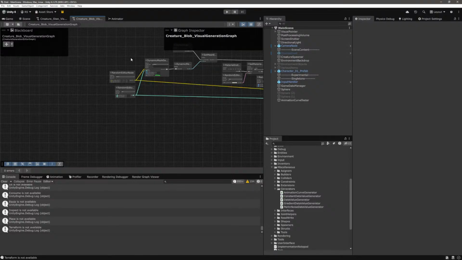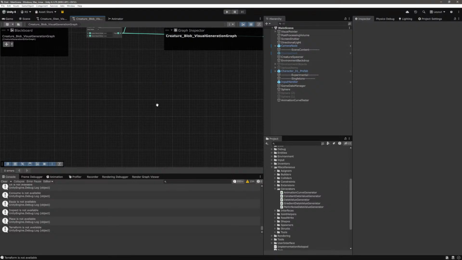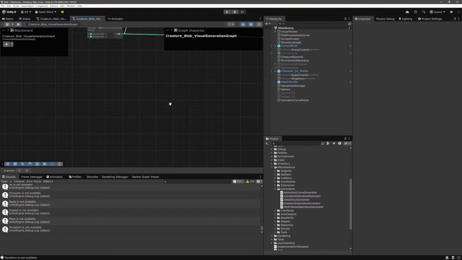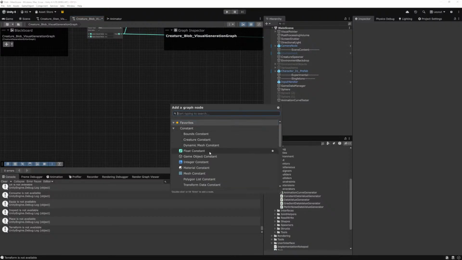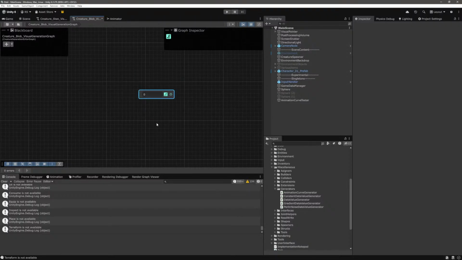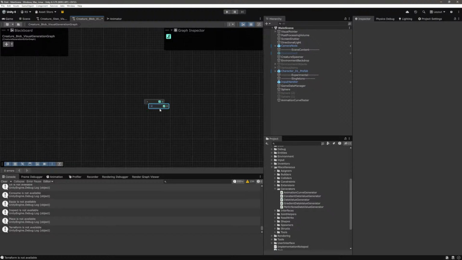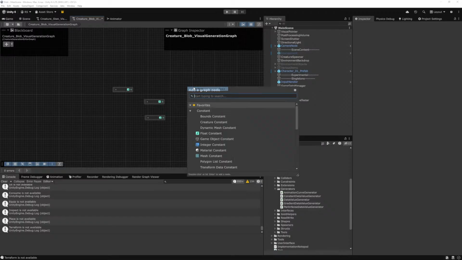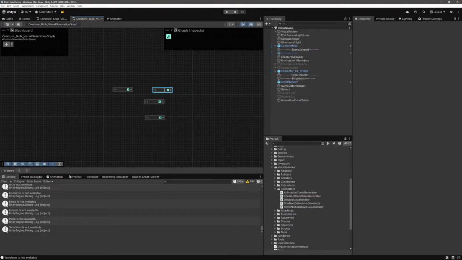So how we can build this is we can probably have a float. Yeah, let's take a float constant. We can probably have it like this. So we have one node that creates an animation curve, and then we have one node that adds a keyframe to this animation curve.